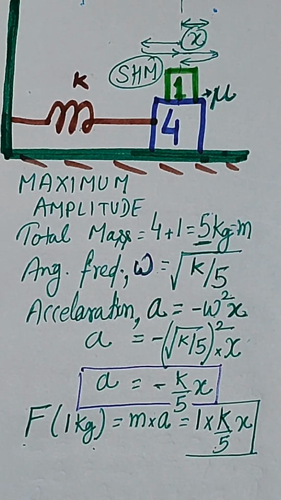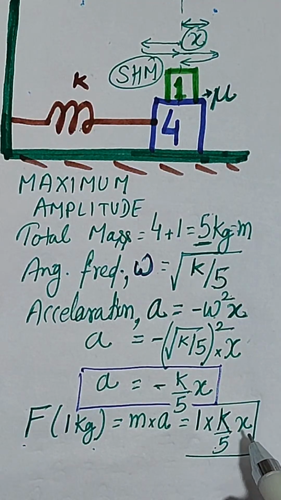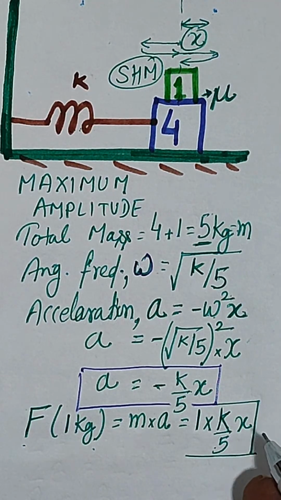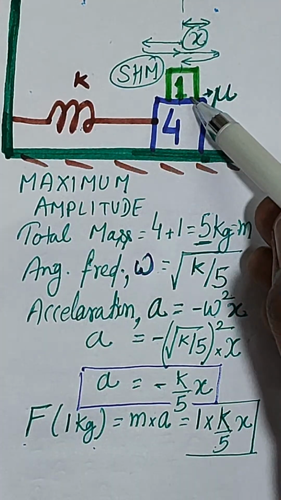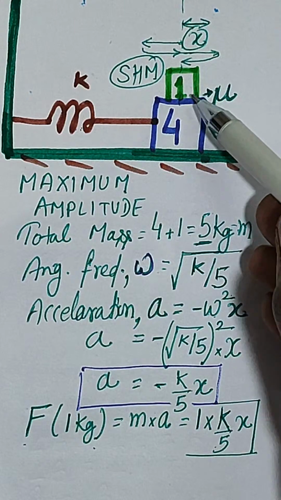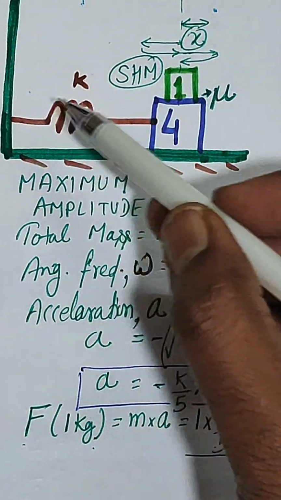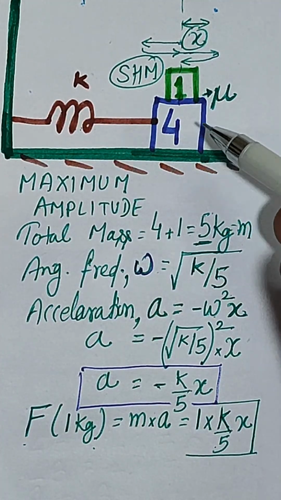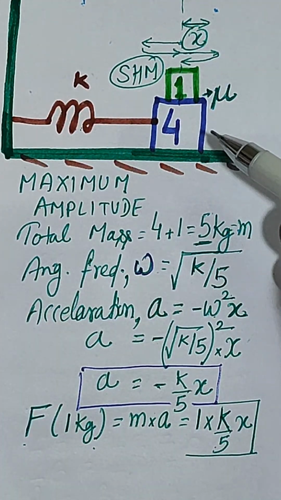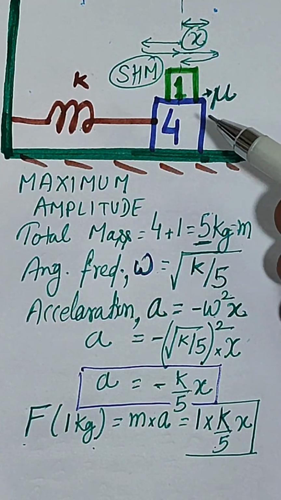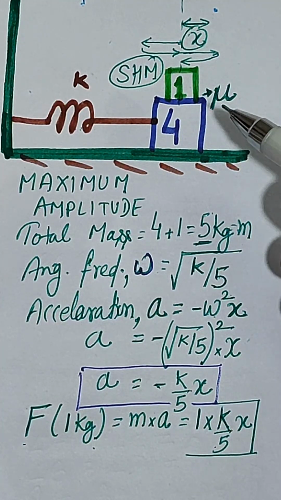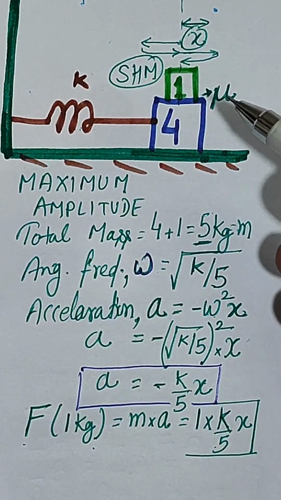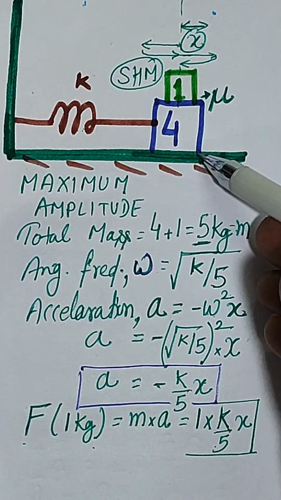Now this force is provided by friction of the lower block, because the 1 kg block is not connected directly through the spring. So this is provided by the maximum force of friction. And what is the friction of the lower block?